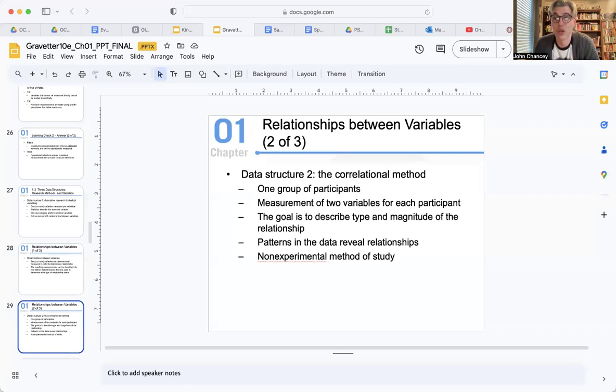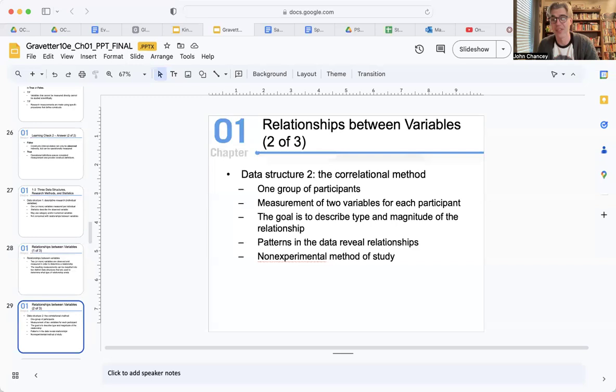And that's when it gets into the correlational method. This is usually the starting point as far as the relationship between two variables. We're trying to see if there is a relationship between two variables. We have one group of participants, we measure them on two different variables, and the goal is simply to describe the relationship, the type of relationship, and also the magnitude.